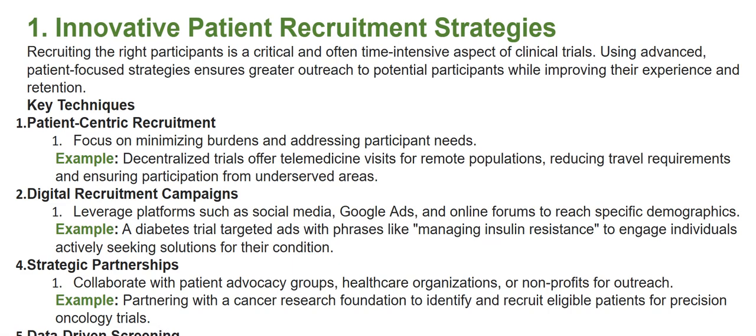Data-driven screening: integrate electronic health records, EHRs for short, and other health data to pre-screen participants for eligibility. For example, analyze lab results to identify suitable patients for an immunotherapy study in oncology.